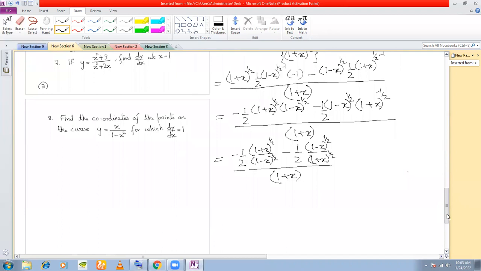You can take the LCM here. You can take minus half out first. And if you take the LCM here in the numerator, you get (1 minus x) to the power of half into (1 plus x) to the power of half. This is the LCM. And in the numerator, you will get (1 plus x) to the power of half into (1 plus x) to the power of half, which is simply 1 plus x. Minus. Similarly, here you are simply going to get 1 minus x, divided by 1 plus x.